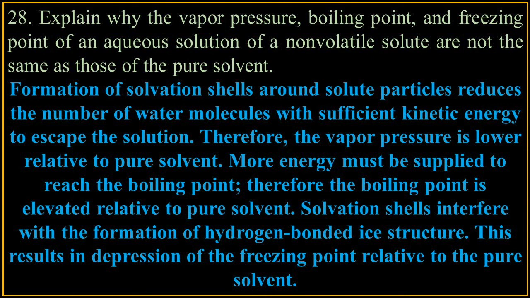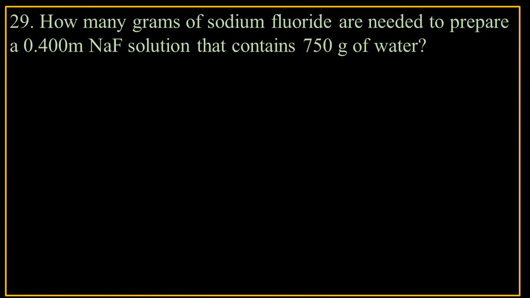More energy must be supplied to reach the boiling point. Therefore, the boiling point is elevated relative to pure solvent. Solvation shells interfere with the formation of hydrogen-bonded ice structure. This results in a depression of the freezing point relative to the pure solvent.